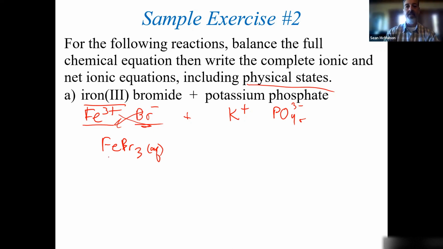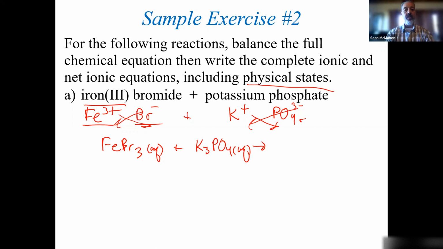This is iron. So this is aqueous. So this is free floating. Plus potassium phosphate. So we would crisscross K3PO4. Why is this aqueous? Well, potassium is always soluble.